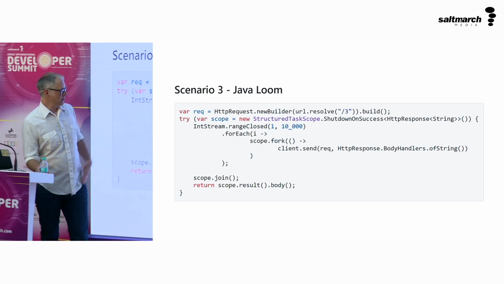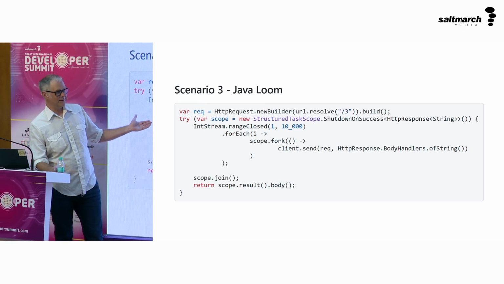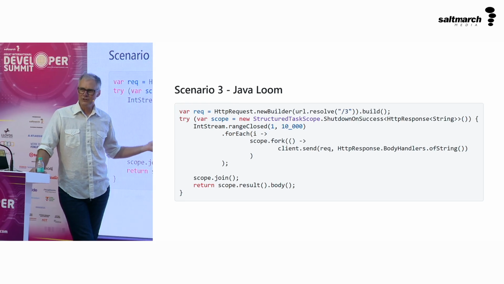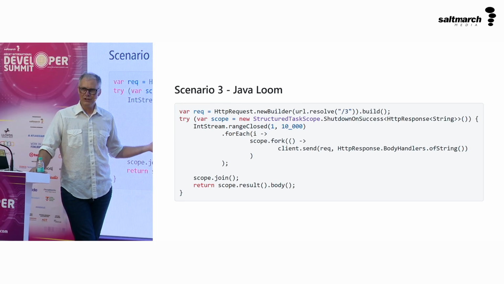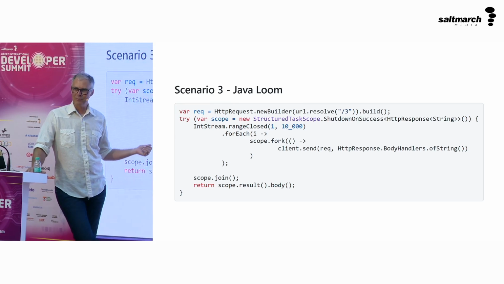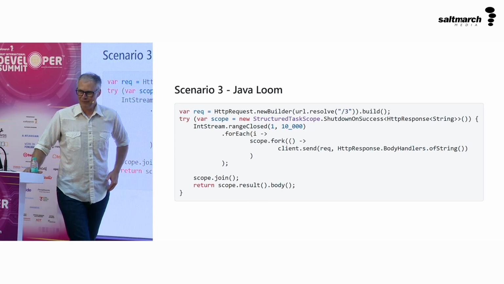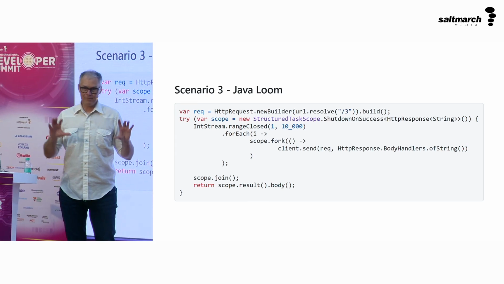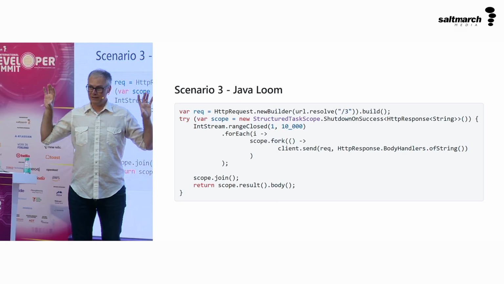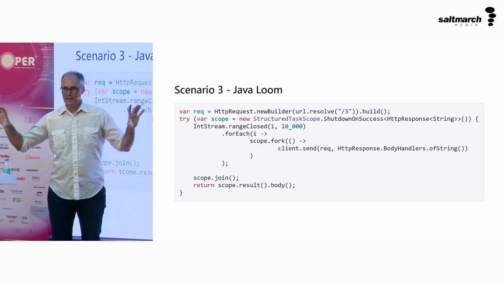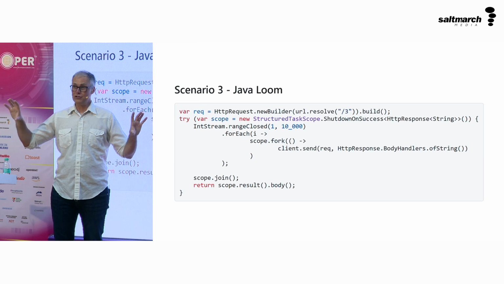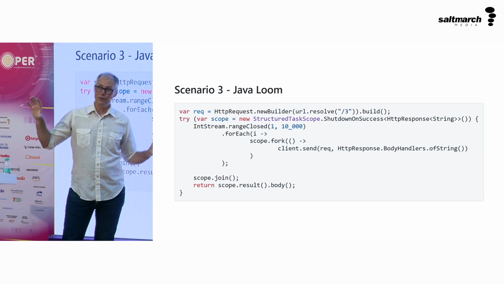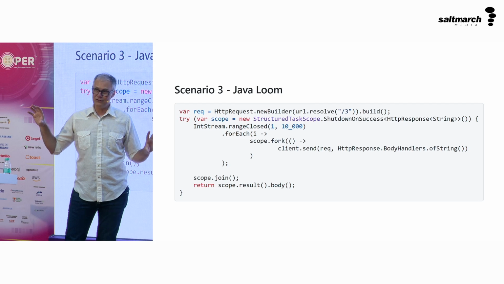Why would you want to put 10,000 concurrent requests into anything? I don't know if there's a good use case for 10,000, but it was a good way to show that virtual threads are important. But for just a race in general, anytime you can do the same thing concurrently and you want to choose the thing that is the fastest, that is the primary reason why you would use a race.